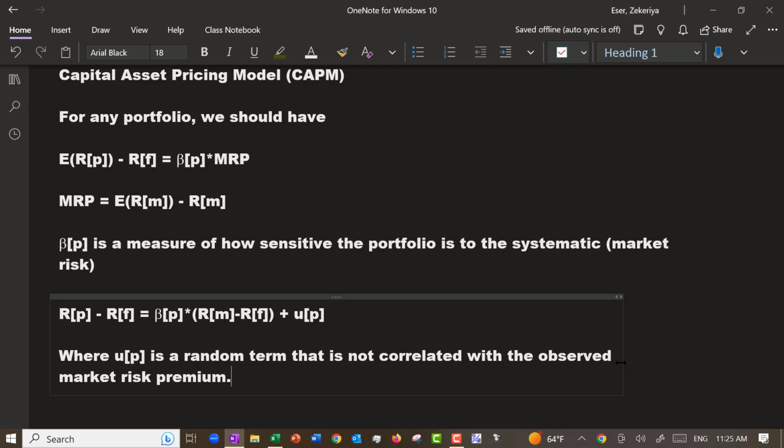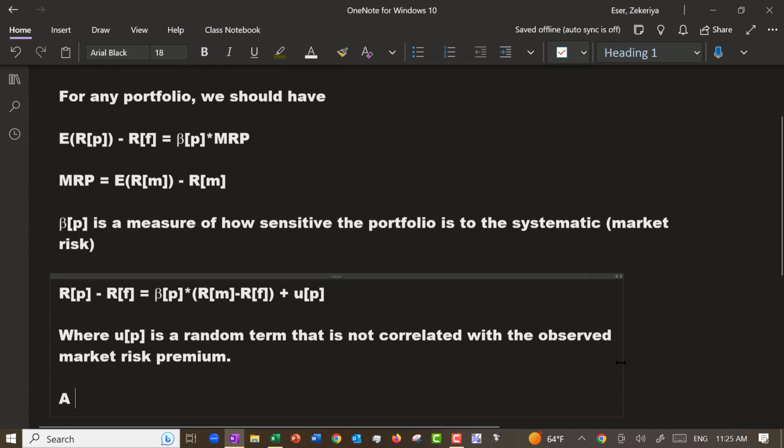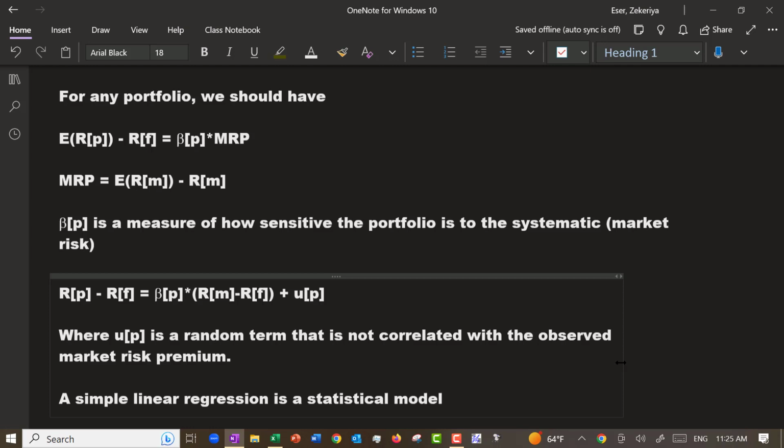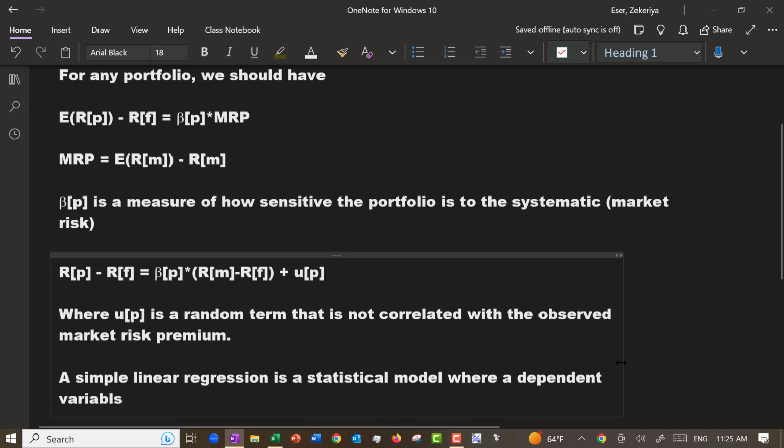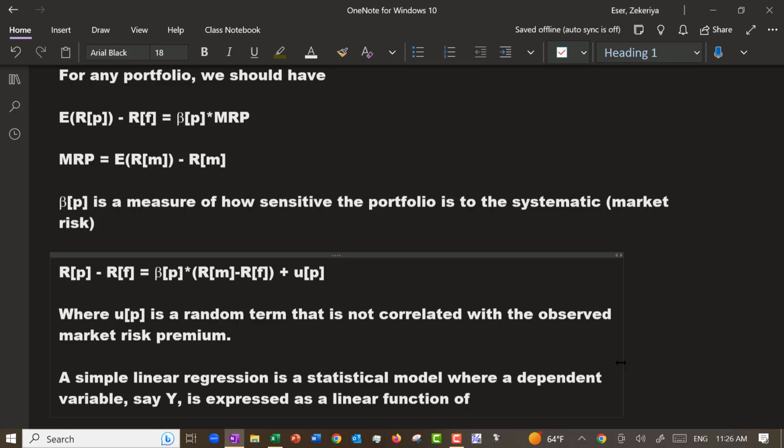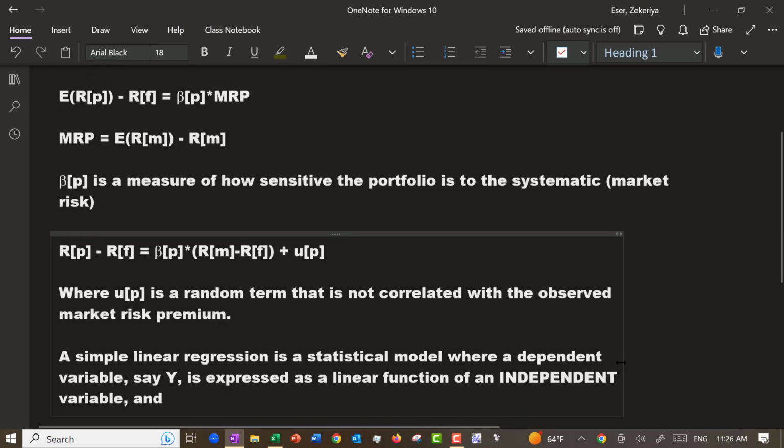Well, a simple linear regression is a statistical model where a dependent variable, say y, is expressed as a linear function of an independent variable and an error term.